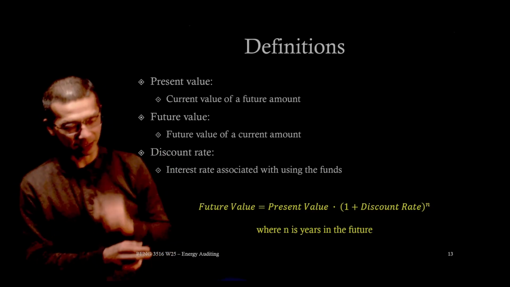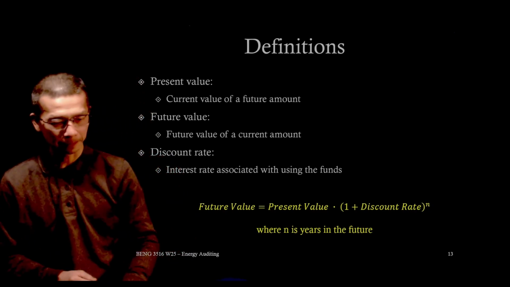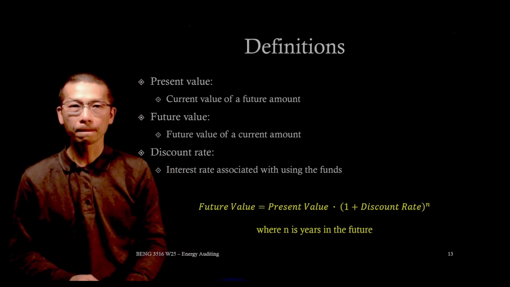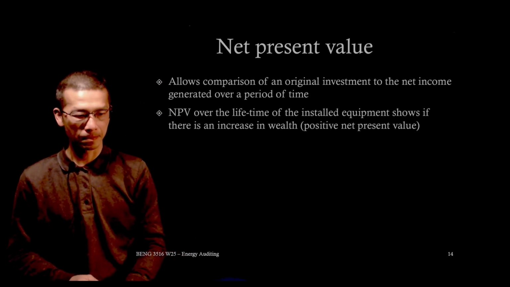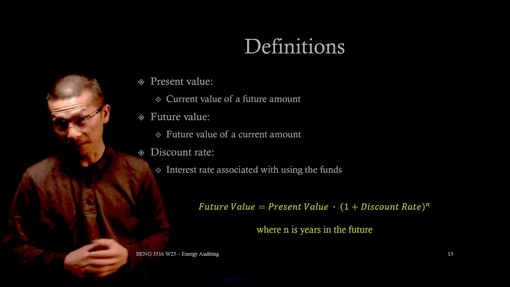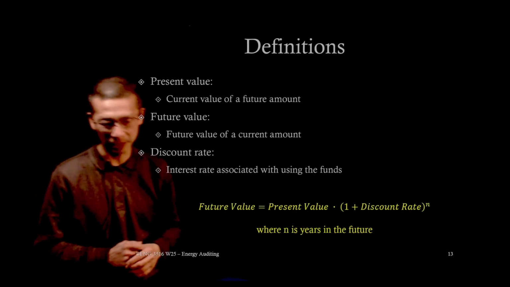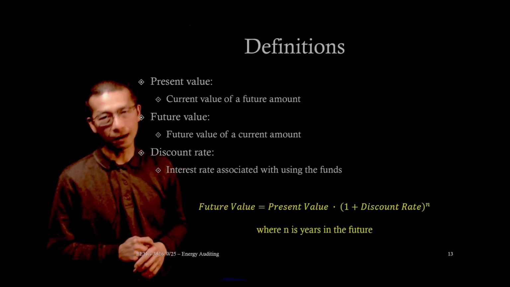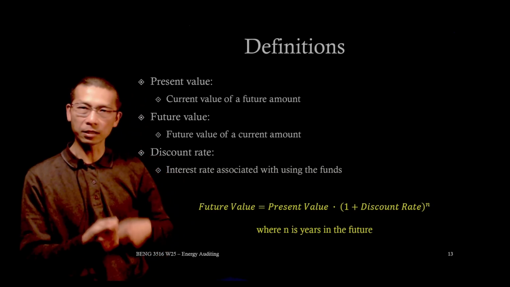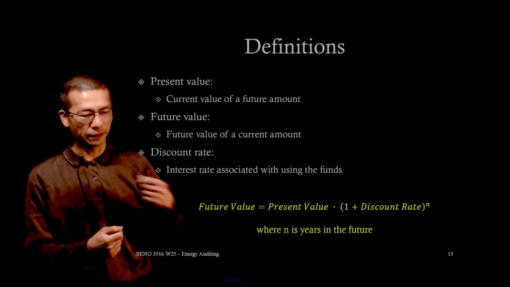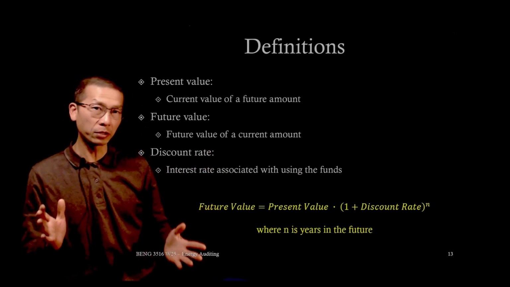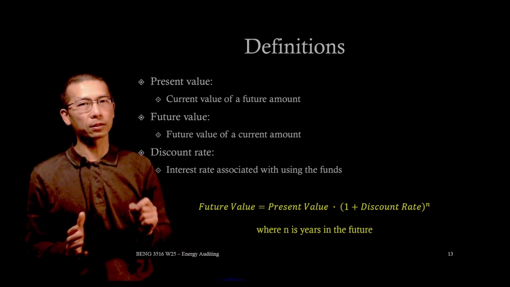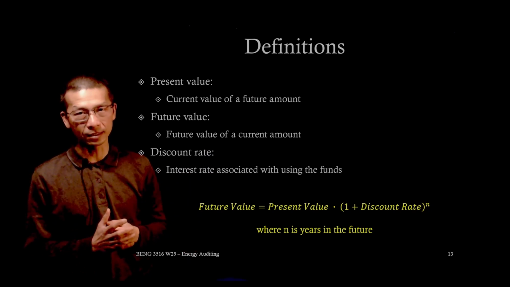Okay, we'll look at that. Similarly, if you use a credit card, if you pay on time, no problem. If you don't, what happens? Well, the interest will accumulate, right?